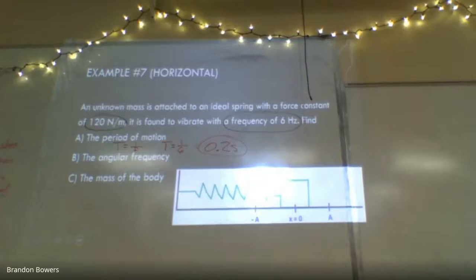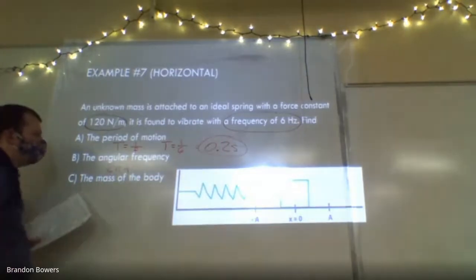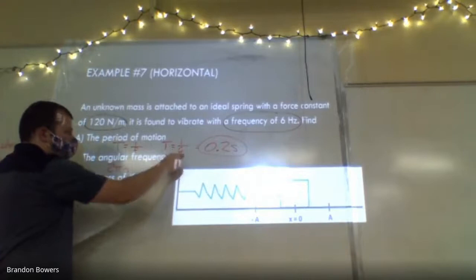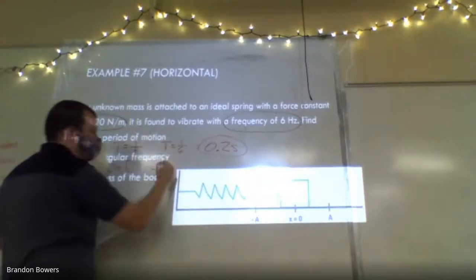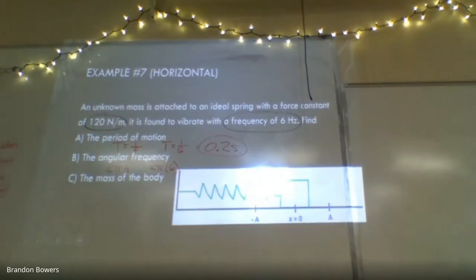Using that equation, what's my angular frequency equation? 2 pi f. Okay? So 2 times pi times my frequency, which was 6. Pretty straightforward, right?